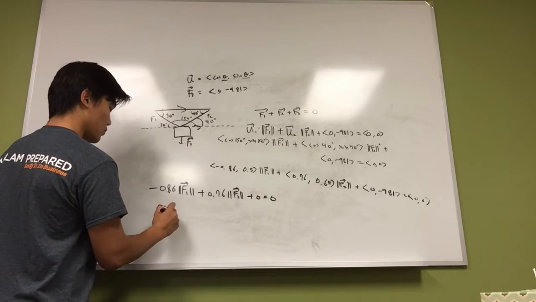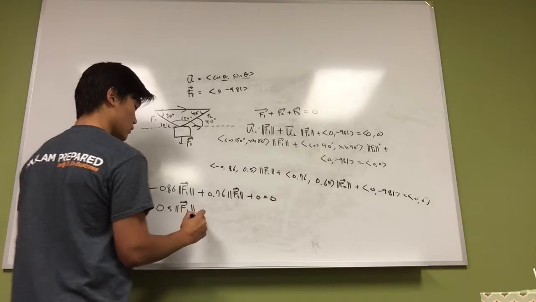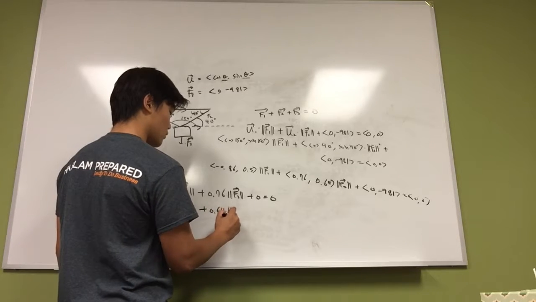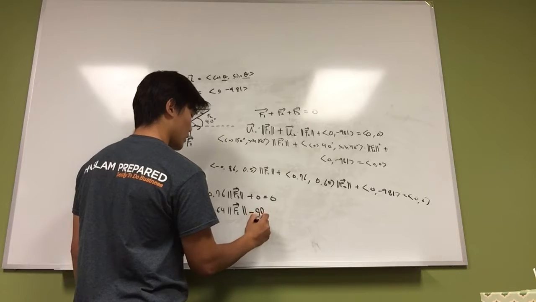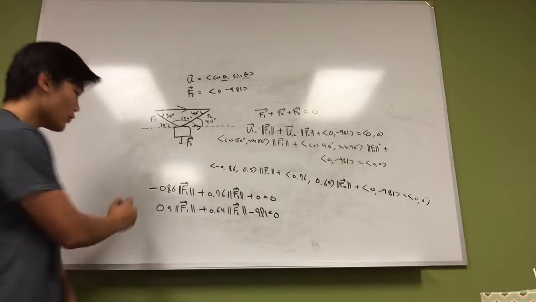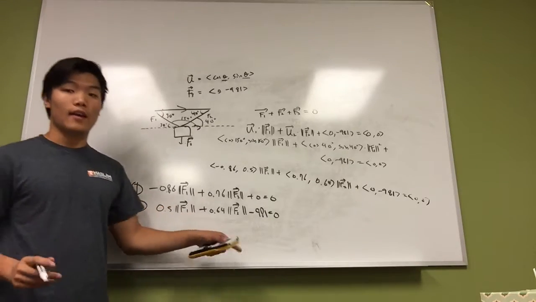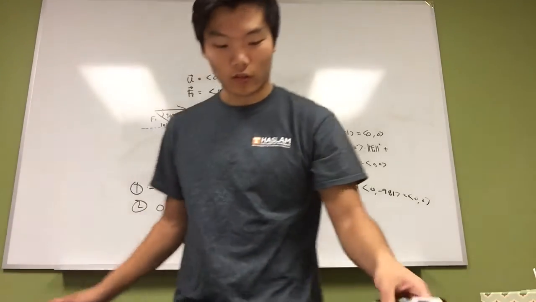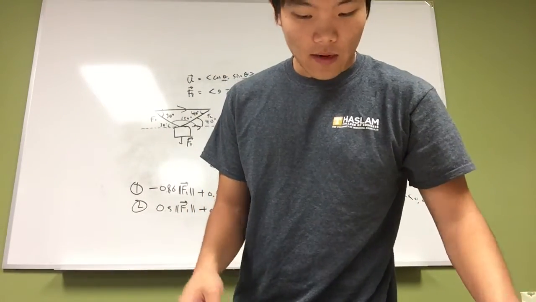The next one will be 0.5 F1 plus 0.64 F2 minus 981 equals 0. So you've got two equations and two variables, and you can now solve for force 1 and force 2, which is going to be pretty simple.